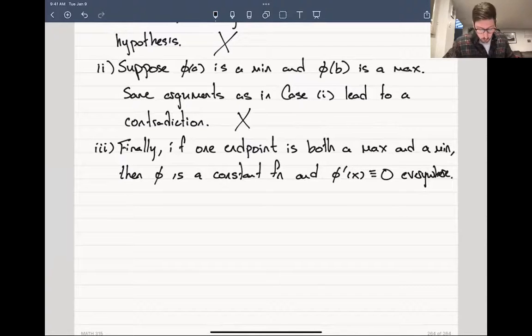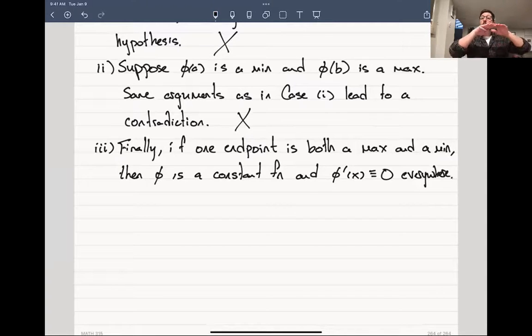So why is this the case? Well, your extreme value theorem tells you that you have maxima and minima in this case. So if it is the case that your endpoint is both a maximum and a minimum, well, then the extreme value theorem says that there's nothing that happens in between, right? The only value that you can attain on this thing is that max and min value.